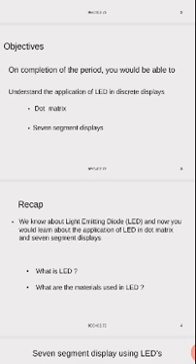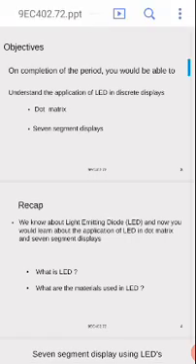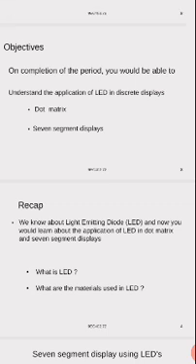Recap. We know about light emitting diode LED, and now you would learn about the applications of LED in dot matrix and 7 segment displays.